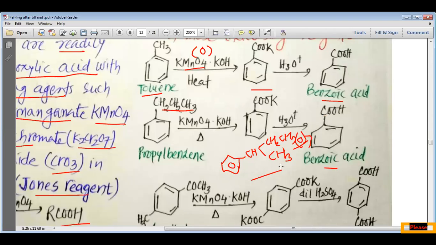When you oxidize such a compound which has a carbon directly bonded, tertiary carbon will not be affected, but secondary carbon can be easily turned into benzoic acid. So what compound I have shown will also give it, even if it has branches.